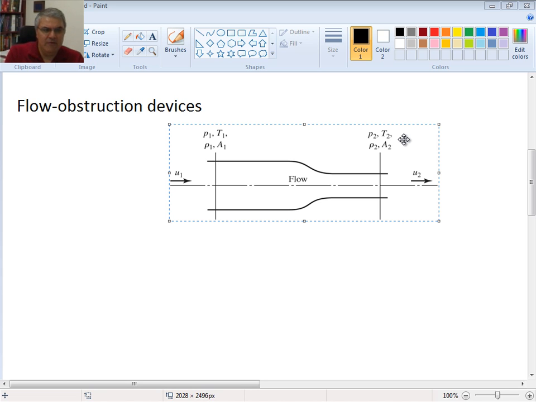And of course, in cases in which any of these quantities are the same, for example, if the device is not long enough, then there will be no temperature change across, because the temperature is kept constant, and then T1 and T2 are the same, and the temperature is going to drop out.